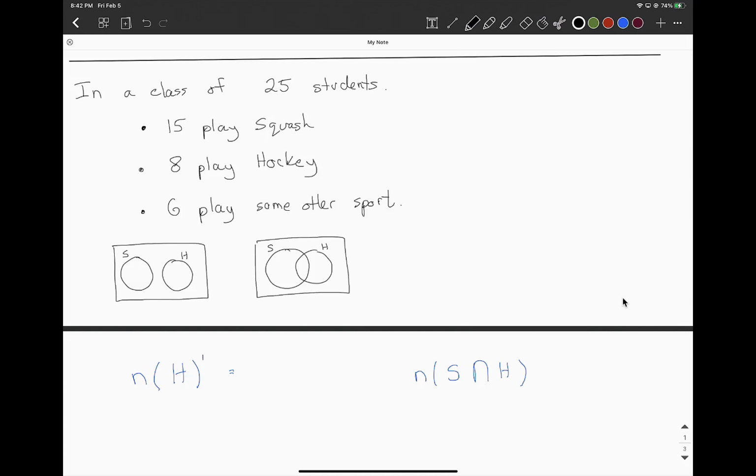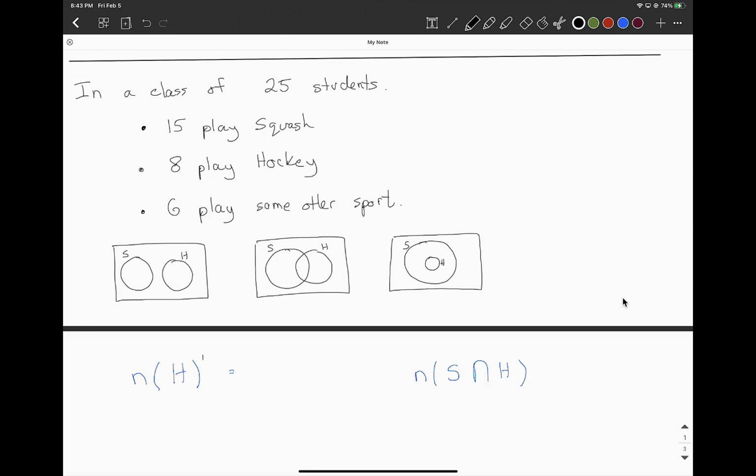Maybe there's people who play both. I mean, if I was to go through all the scenarios, maybe all hockey players are squash players. And then it's a subset.